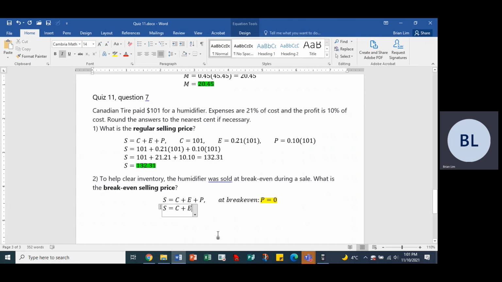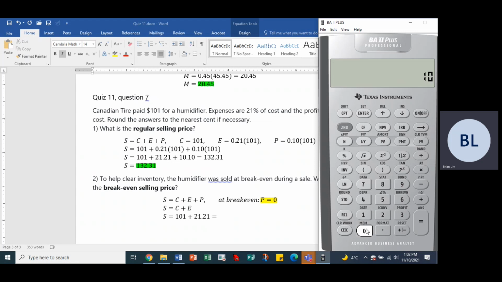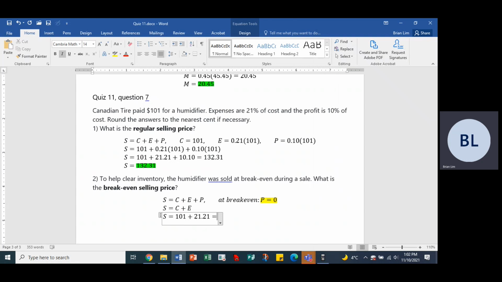So let us calculate the selling price. The selling price would be equal to 101 plus 21.21. And that would give us, well, let's use our calculator, 101 plus 21.21. And that gives us, I think it was, 122.21.